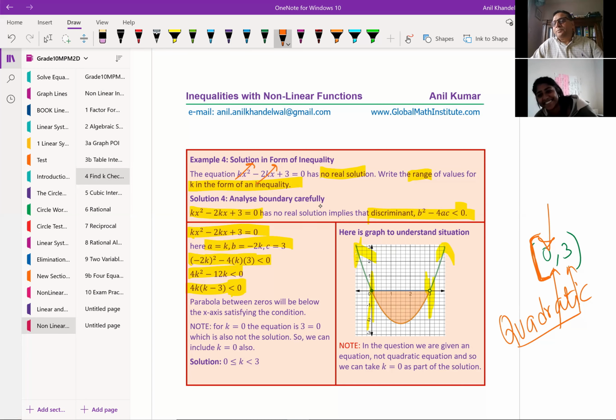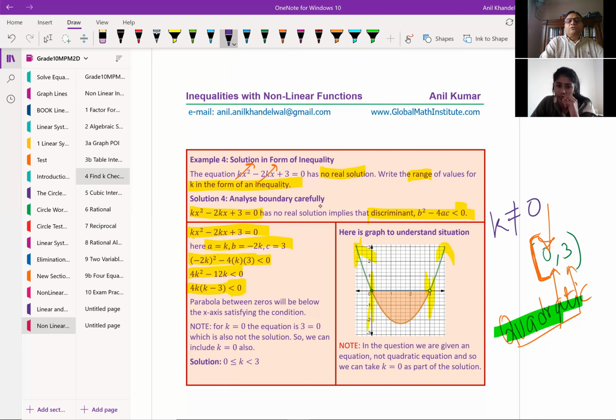This is the killer because, you know, in multiple choice, I can give you all 4 choices, including this and that. All those choices will make you crazy. You'll never get the right answer. Excellent question. Very difficult. Now, let me give you a word of caution here. If the equation says quadratic, that really means that k is not equal to 0, because if I put k equals 0, it is not a quadratic equation.